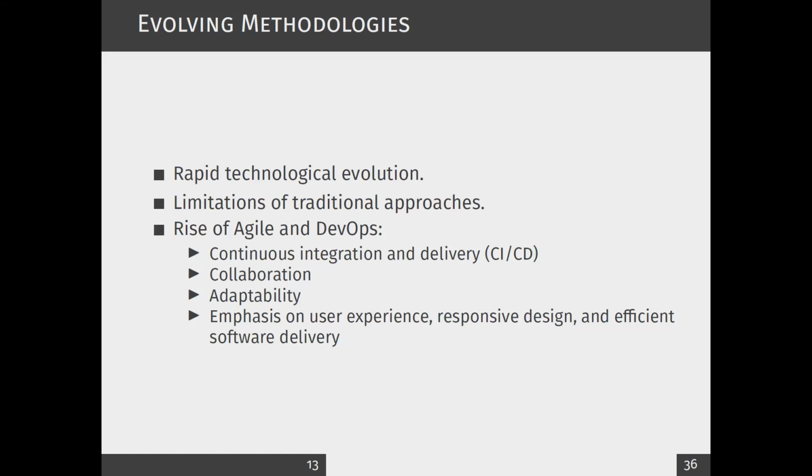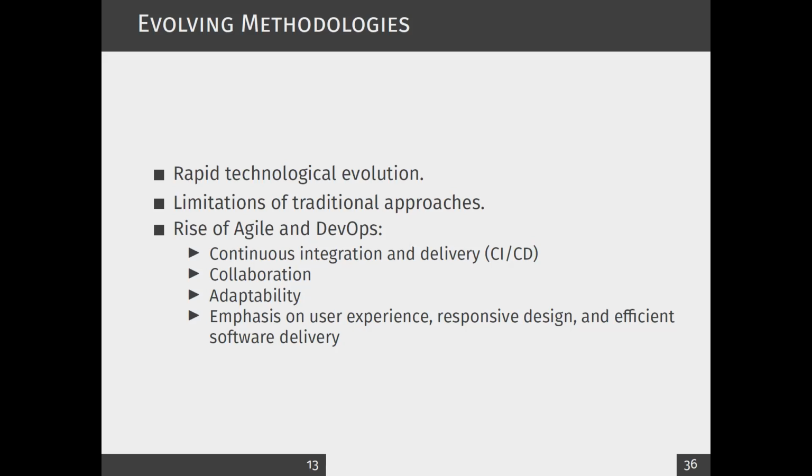That's why, if you look at what happens in the software industry nowadays, we have what we call agile and DevOps, which focus on different aspects of software development. People always work with these methodologies.